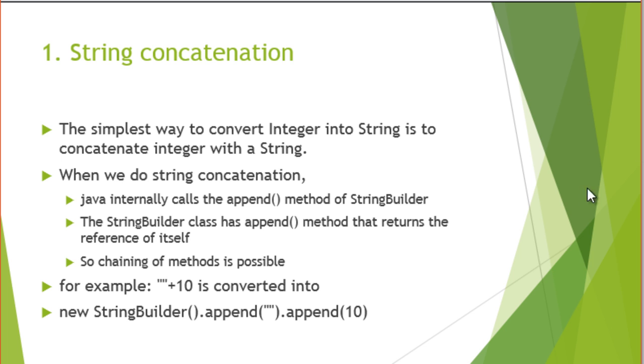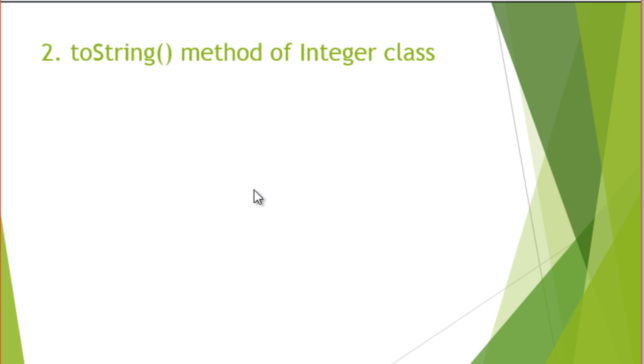Next, a toString method of Integer class. For all primitive data types, there are wrapper classes. For int, we have taken here the example of Integer, so there is an Integer wrapper class for primitive data type int, and all the classes have a toString method, and we know the toString method is coming from the java.lang.Object class.